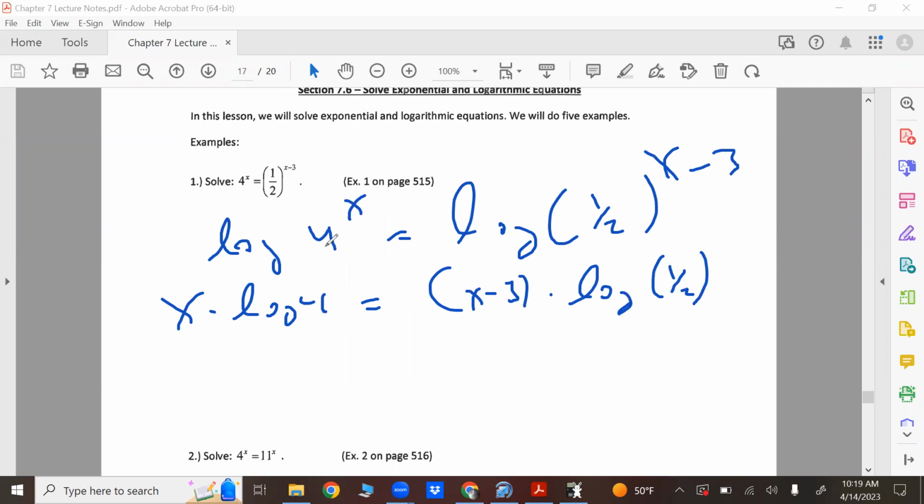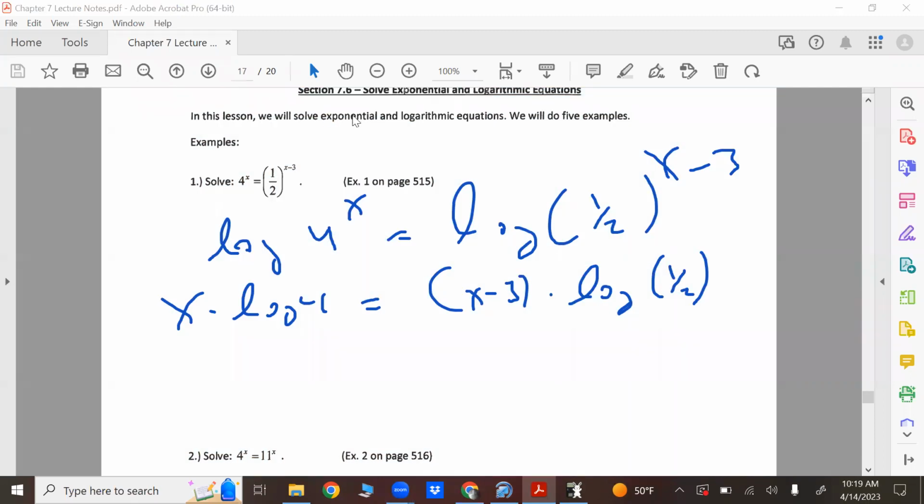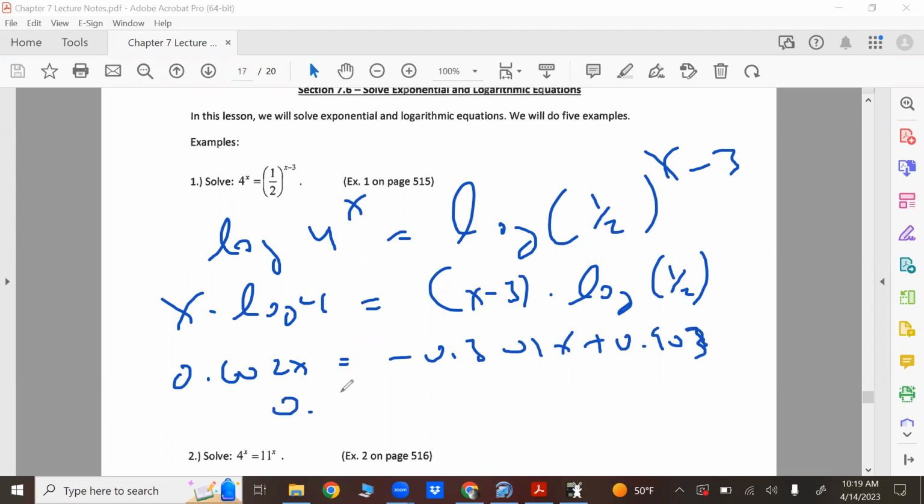Log 4 is going to be 0.602x, and log 1/2 is going to be negative 0.301 times 3, which is going to be plus. So when I move things around, I get this.